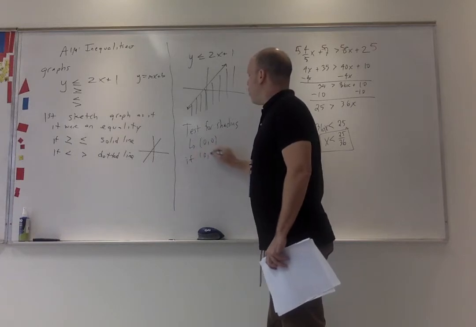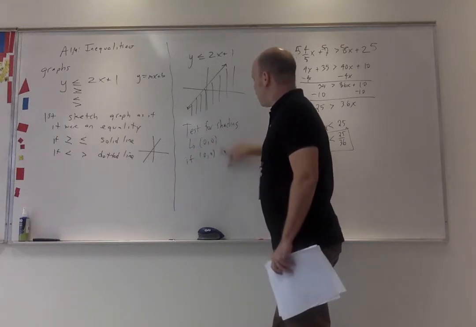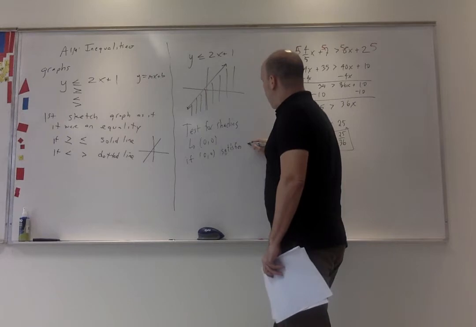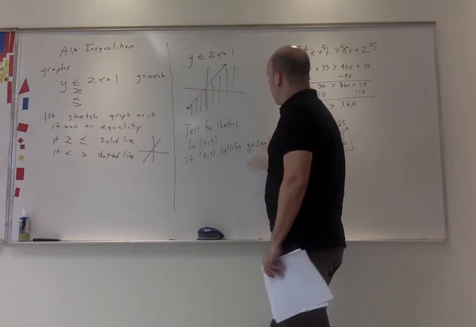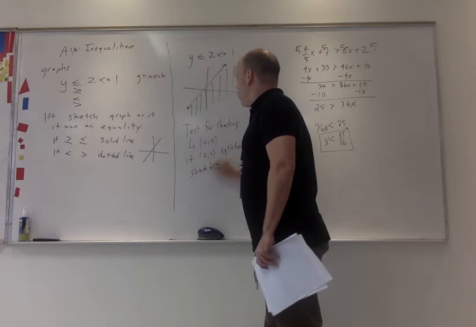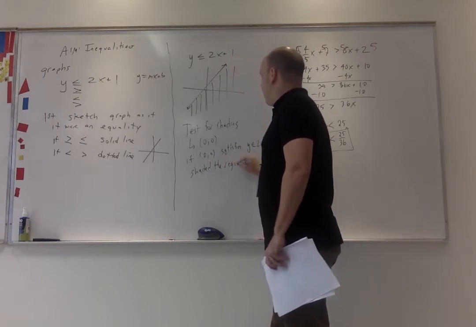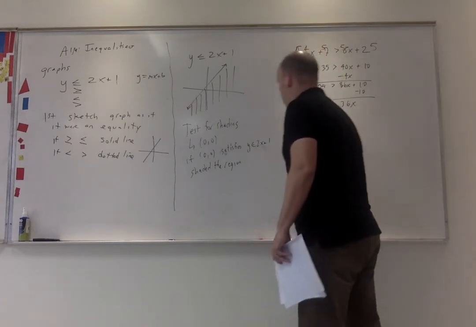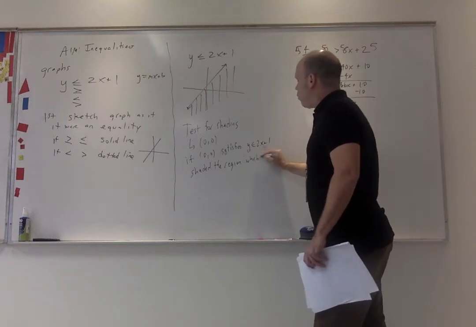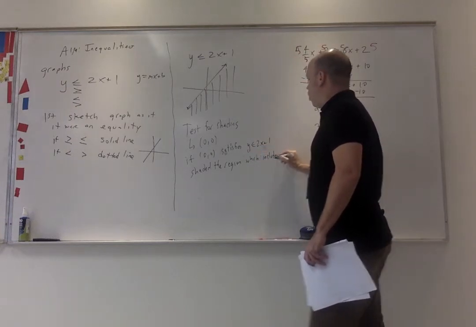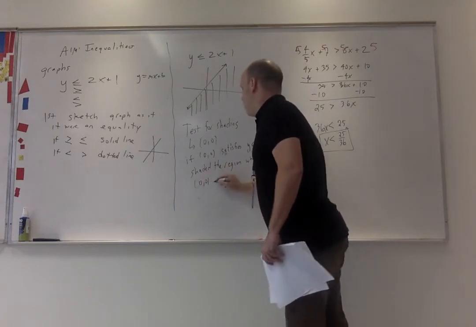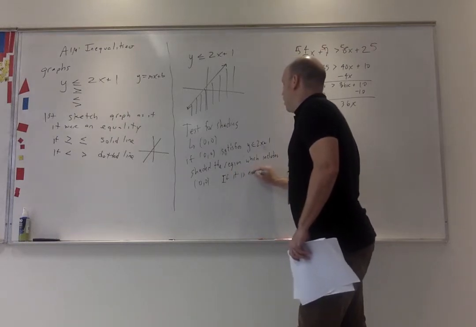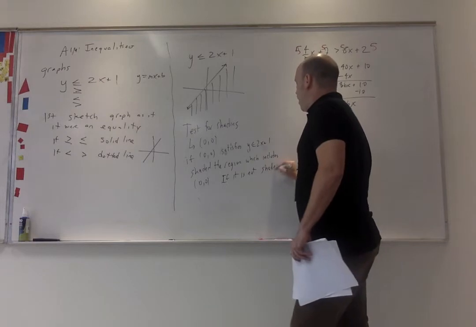If 0, 0 satisfies y is less than or equal to 2x plus 1, shade the region which includes 0, 0. If it does not, shade the other region.